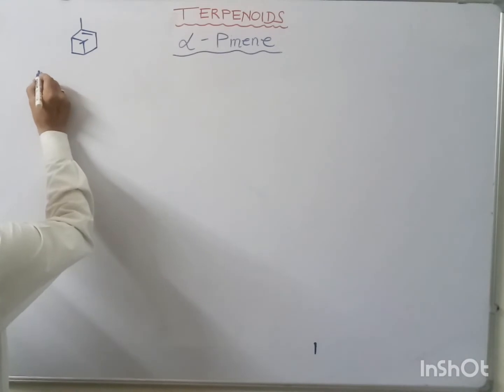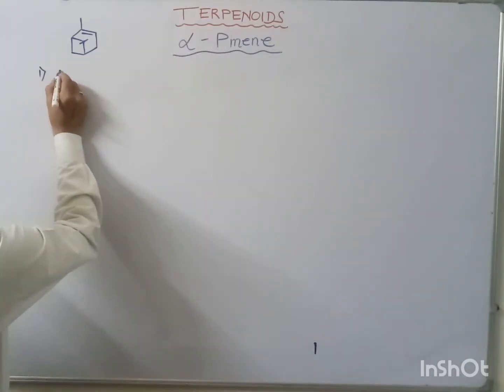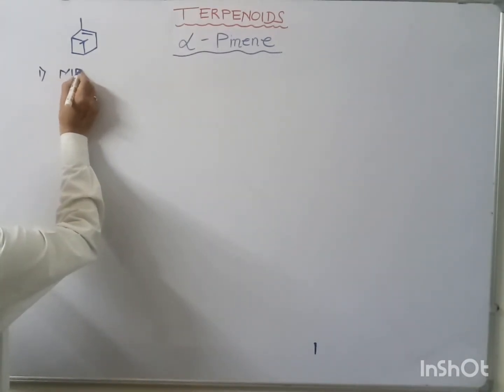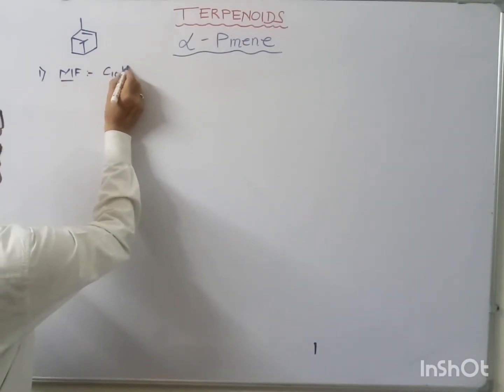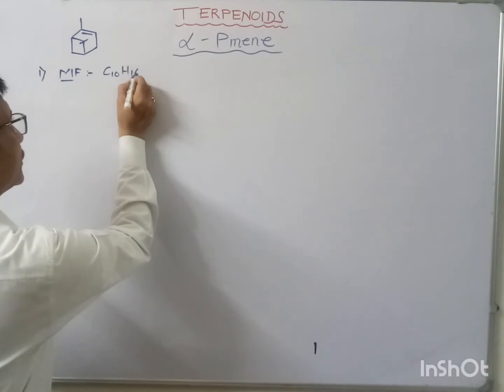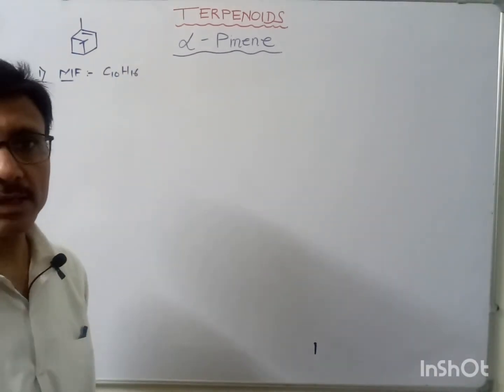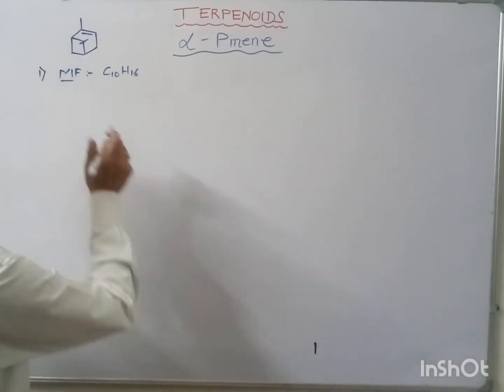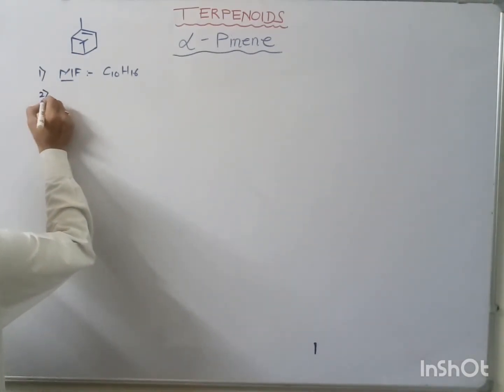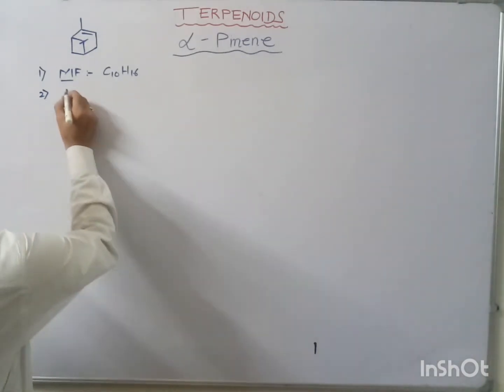First of all, its molecular formula was determined to be C10H16. This was the molecular formula determined by the elemental analysis at that time. Secondly, we determined its double bond equivalent.